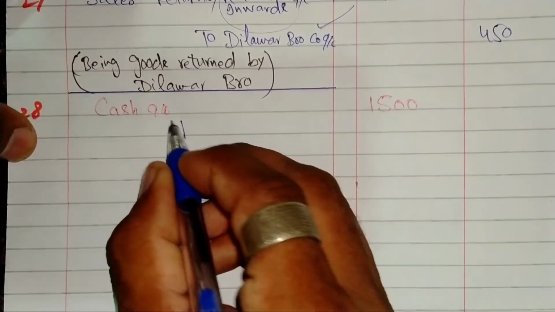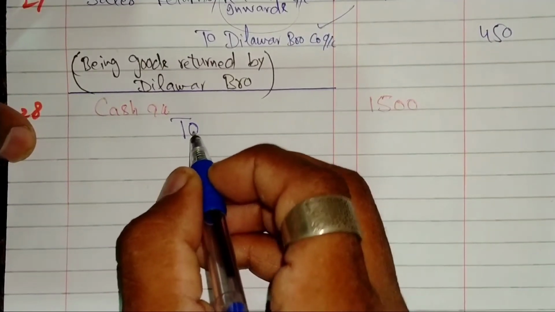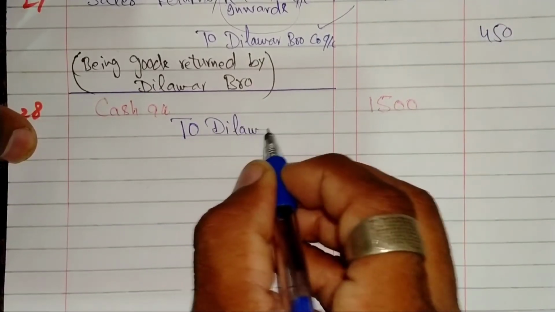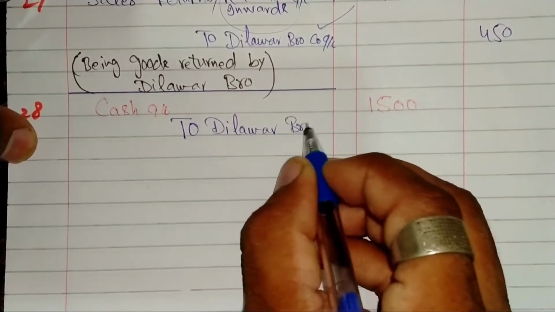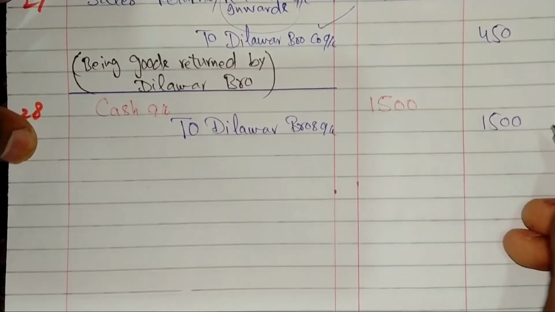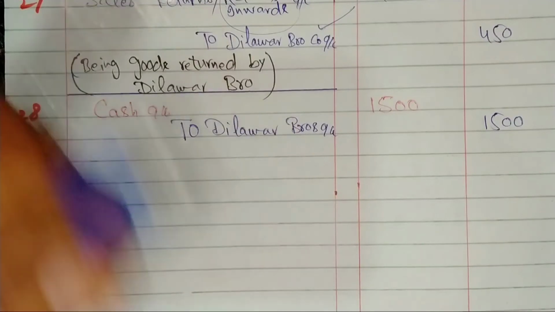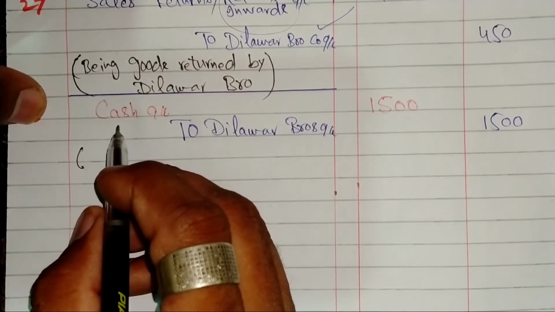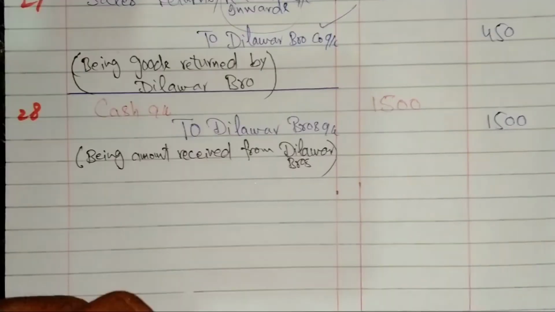Cash account debit to Dilawar Brothers account credit to $1,500. Description of this transaction is being amount received from Dilawar Brothers.